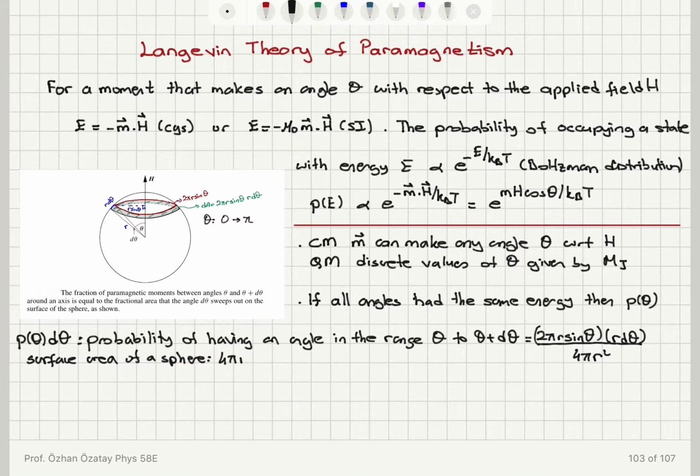And I note that this angle theta with respect to the field axis has to change between 0 and pi, so that I will be covering the full sphere.